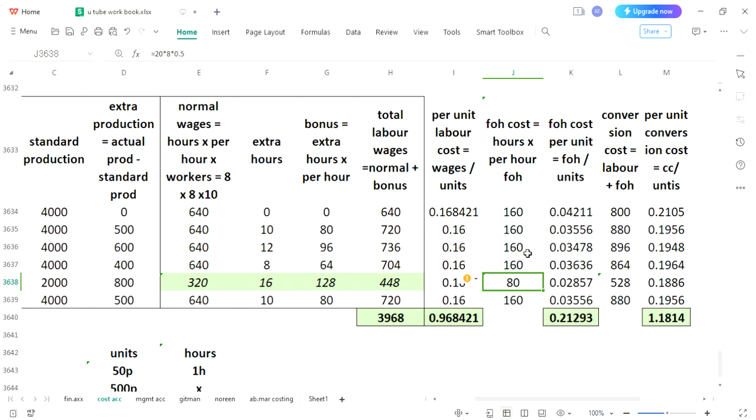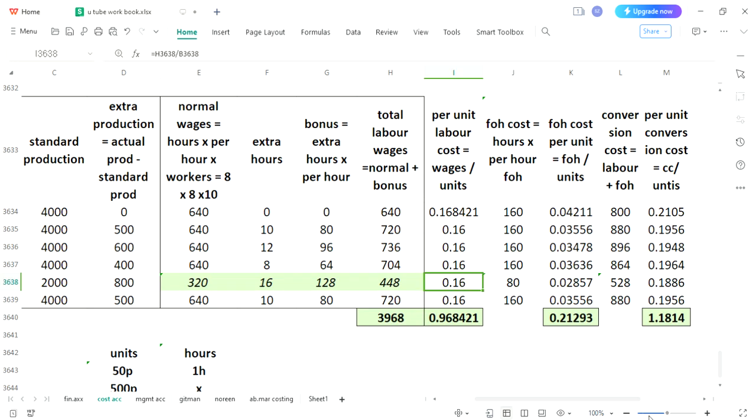As you can see, all FH cost per day is 160. Only for Friday it was half. So this way our answer was corrected from 24 to 21, and then we have per unit cost 1.1814. In this way, all answers are matched, the question is reviewed.